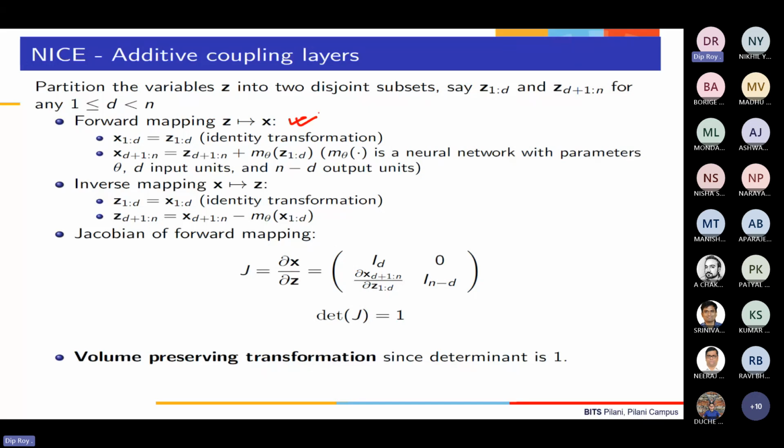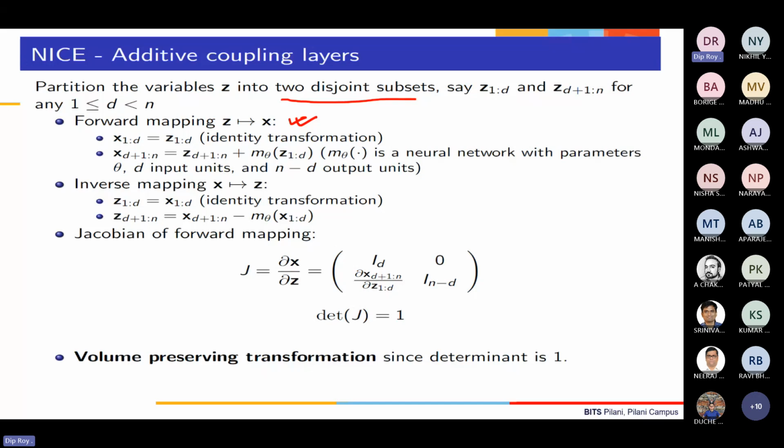The first thing we do is take the z's and create two disjoint subsets. They do not have to be equal. So if there are 10 z's, we can make two subsets of 0 to 5 and 6 to 10, or any permutation combination would work. We just need to make two disjoint subsets.